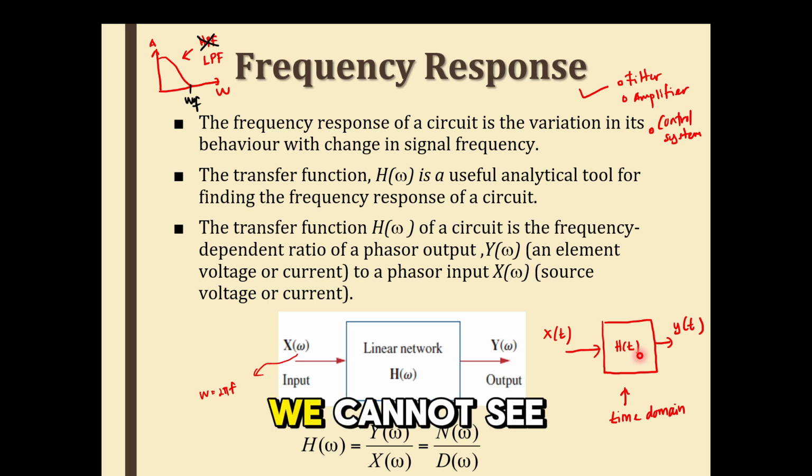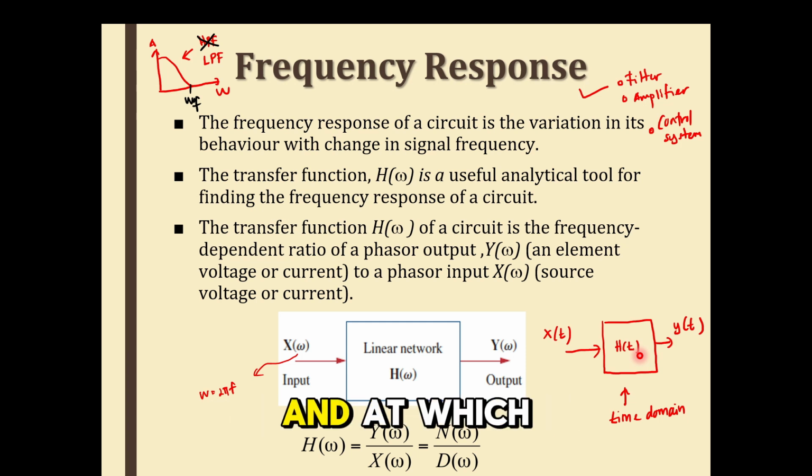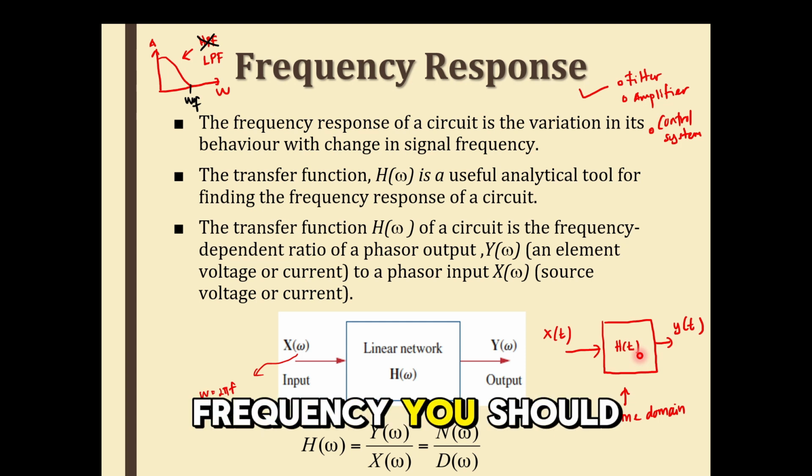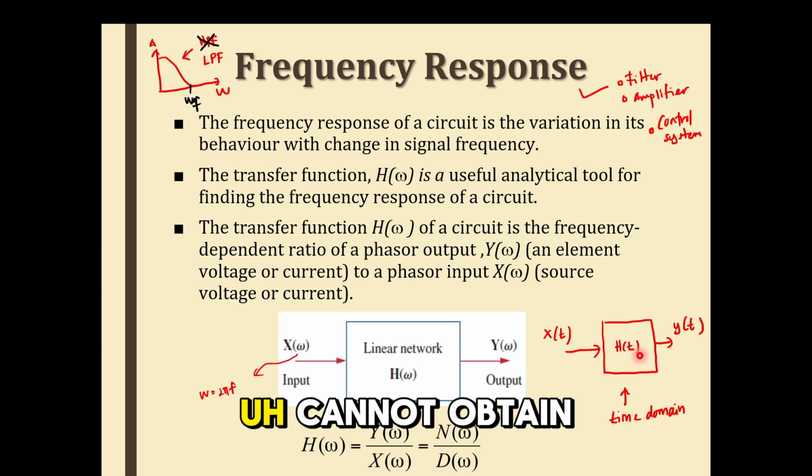But in time domain we cannot see a lot of information, like where the noise is, at which frequency the noise actually starts, at which frequency you should amplify your signal, and what the bandwidth of the system is.